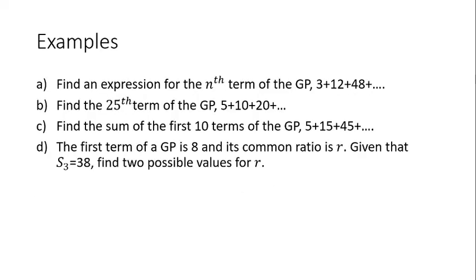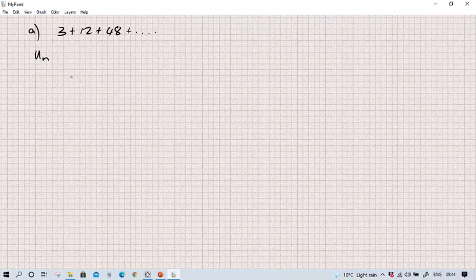In the first example, A, we find an expression for the nth term of the GP 3 plus 12 plus 48, and so on. We know the formula for the nth term is un equals a times r to the power of n minus 1. In this case, a equals 3, and r is 12 divided by 3, which is 4.